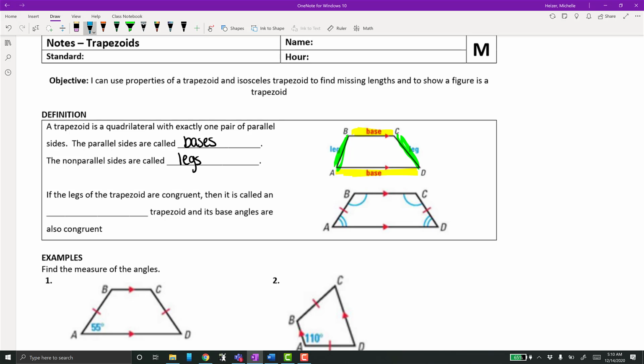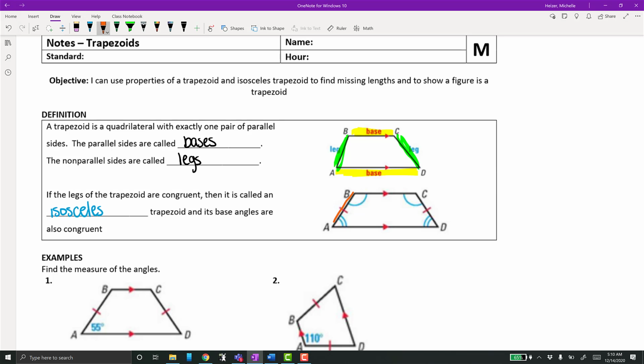If the legs of your trapezoid are congruent, that's when we call it an isosceles trapezoid, and its base angles are also congruent. This is similar to an isosceles triangle.